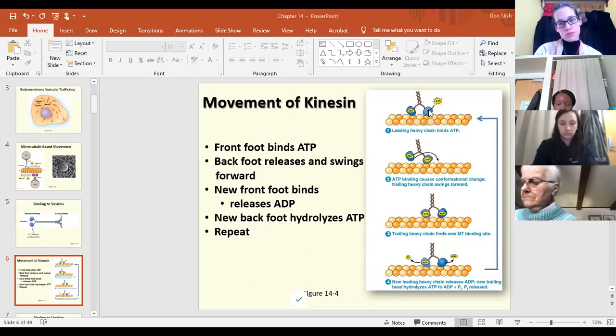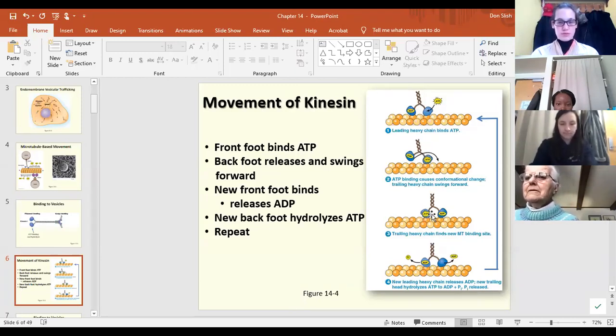Then ATP binds to that front leg, and that causes a conformational change that makes its way all the way up through the structure of the homodimer and affects this globular head over here. When this globular head senses that this one picked up ATP, it releases from the microtubule, and then it swings forward over here. So that back foot is now the front foot. And once it swings forward, it attaches to the microtubule again.